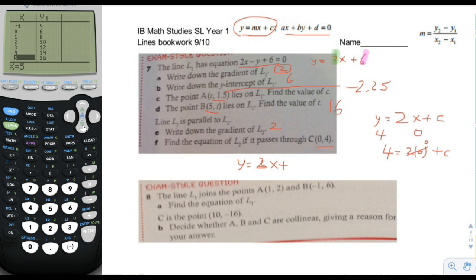And remember the 0 comma 4, if you graph 0 comma 4, it is on the y-axis. So that is the y-intercept also. So we know from looking at this that the y-intercept is 4, so that's another way you could have figured out that c equals 4 for line L2.